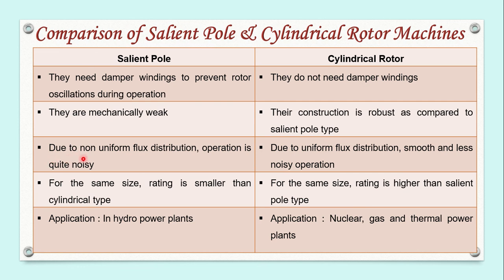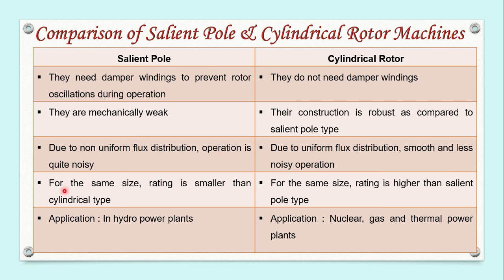So we have already said that due to the non-uniformity of the air gap, the flux distribution is non-uniform for salient pole machines. So due to this factor, their operation is quite noisy. But in case of cylindrical rotor machines, the flux distribution is uniform, so their operation will be smooth and less noisy.